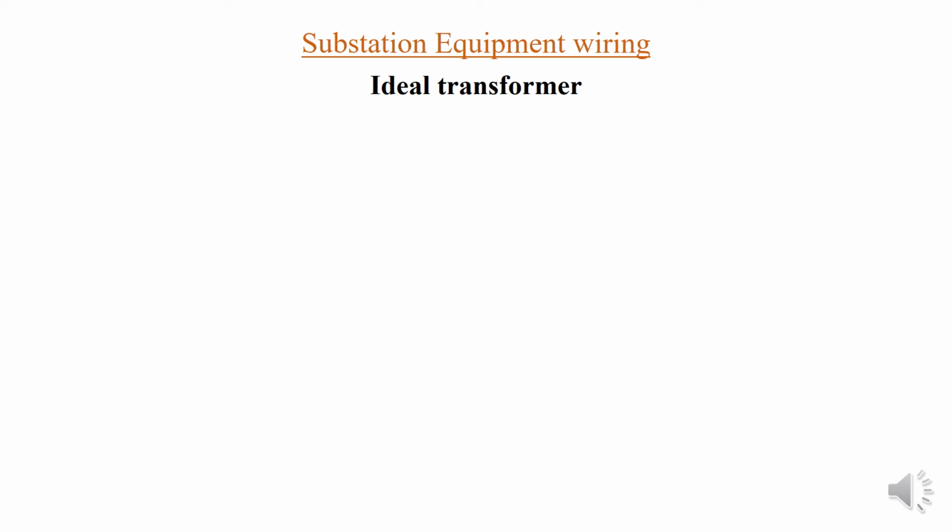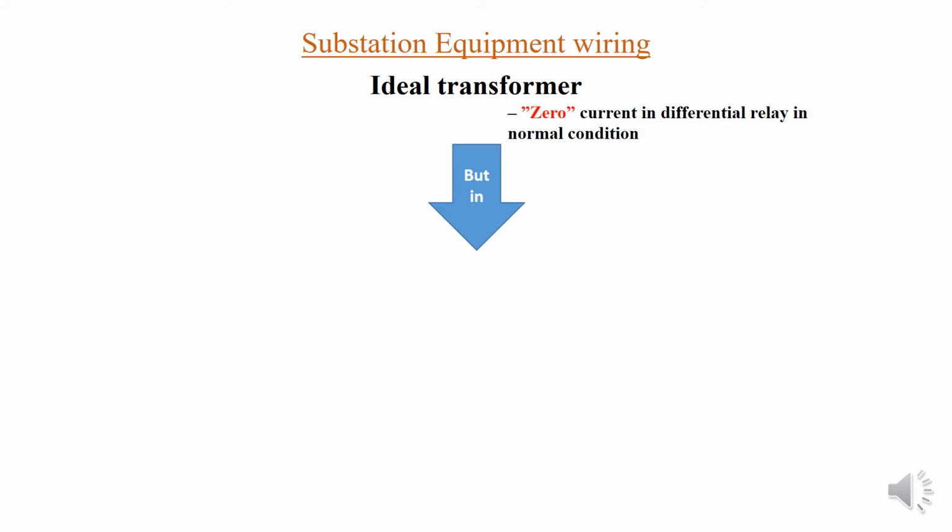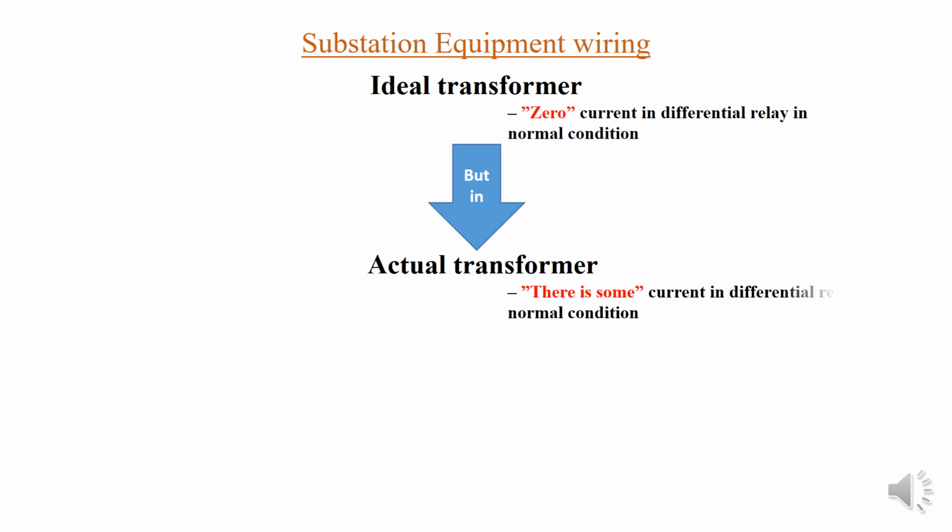Till now we are discussing all these things for an ideal transformer. For an ideal transformer there is zero current in the differential relay in the normal operating condition, but in an actual transformer there is some amount of current in the differential relay even in the normal operating condition.